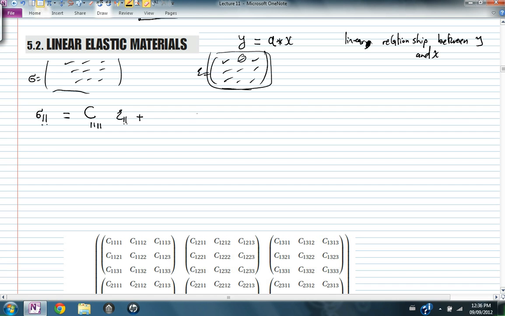And then I have epsilon 12. It's multiplied by a different constant. This constant relates 11 with 12. And so on. Which is basically C11ij epsilon ij summed over i, j equal 1 to 3.